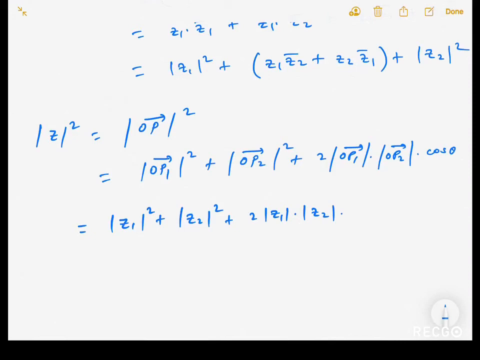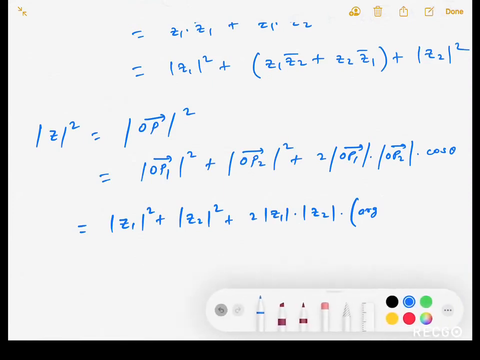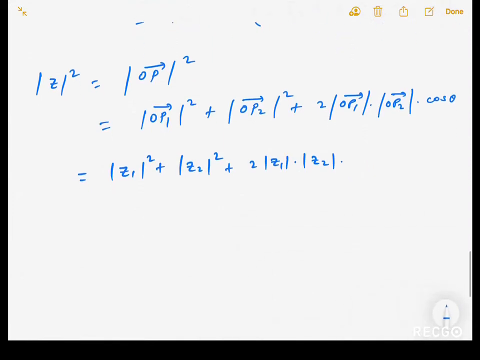If z1 and z2 are given but not the angle between z1 and z2, in that case we have to slightly modify the formula, and for that let's go to the diagram to understand it. In fact, it is somehow related to the argument of the complex numbers z1 and z2, right? So you can write it as cos theta as it is for now, and let's go to the diagram first to understand how we can replace theta.